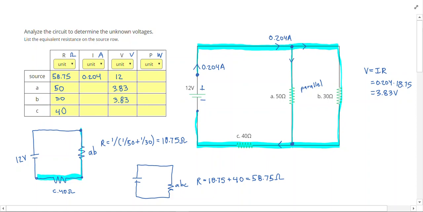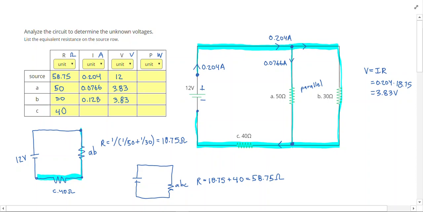Now that I know the voltage for A and B, I can go ahead and figure out the currents by doing V divided by R. So 3.83 divided by 50 gives me 0.0766 for the current flowing towards A. And the current flowing towards B, 3.83 divided by 30, gives me 0.128.